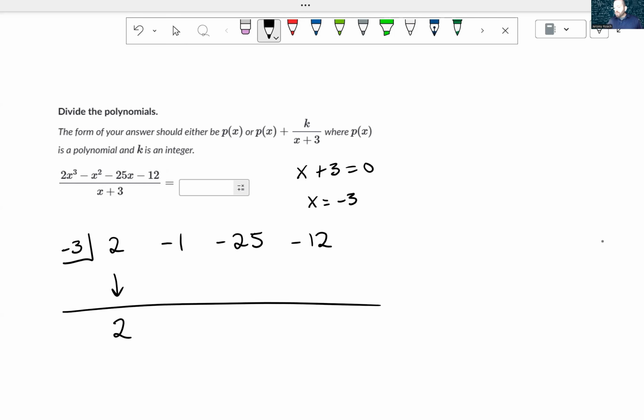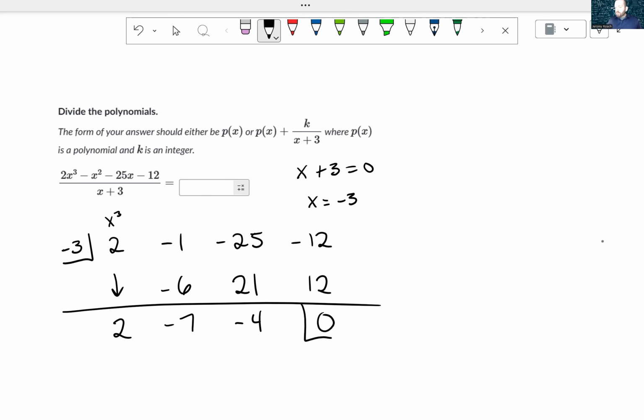Bring down the first one, multiply by negative 3. Add those together, multiply by negative 3. Add these together, multiply by negative 3. Add these together, and that last number is our remainder.